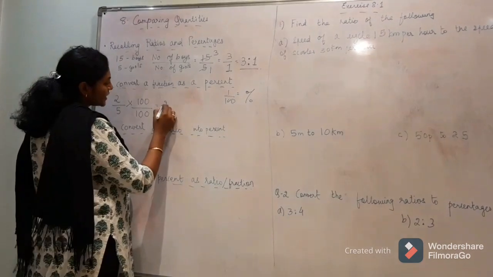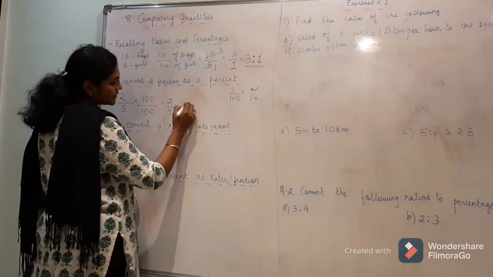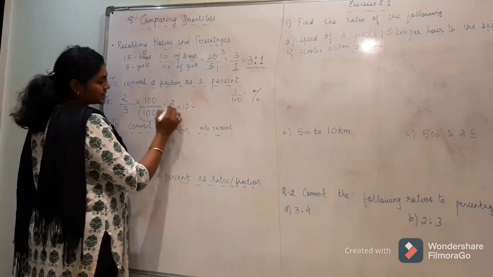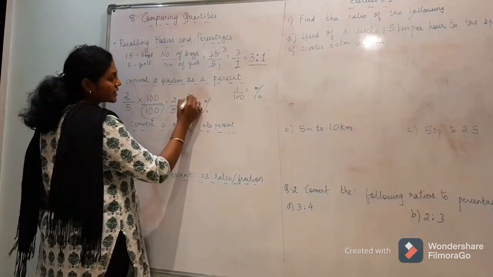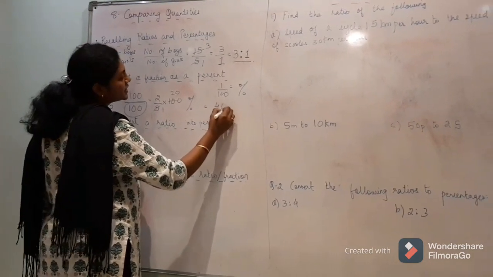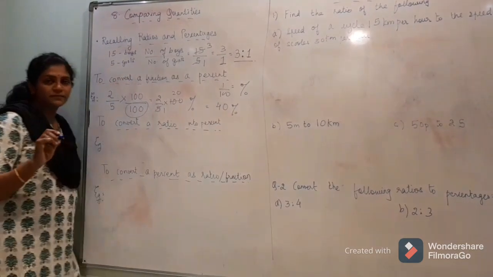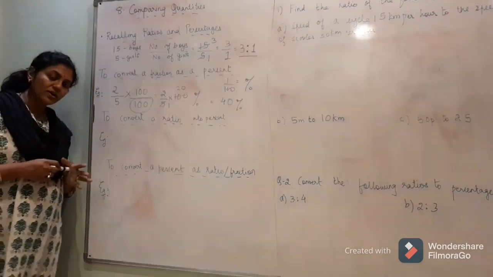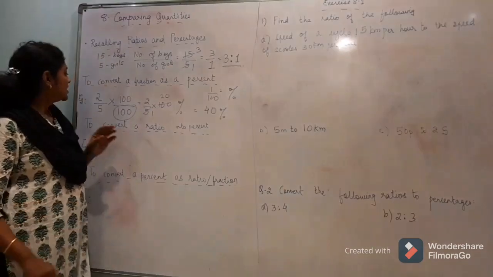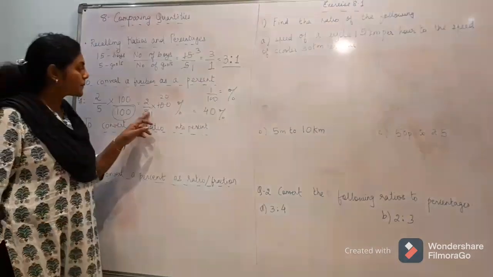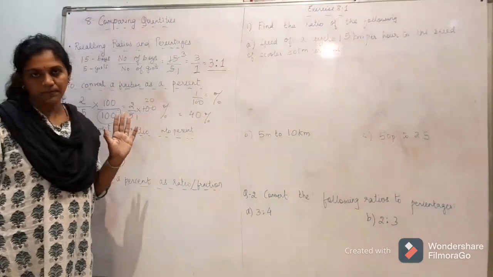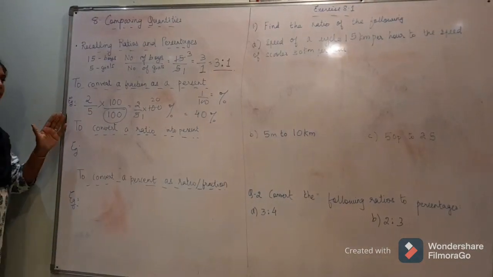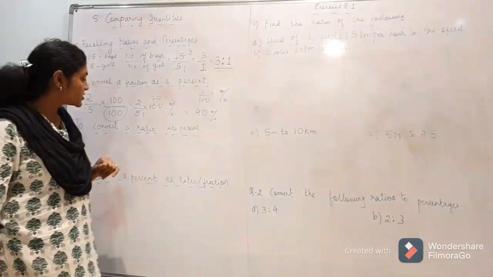So this 2 by 5 into 100, now 1 by 100 is getting converted into percentage. So I will cut it and my answer will be 40%. In short, if you want to convert any fraction into percentage, write down the fraction, multiply with 100 and give the percentage sign. So in this way you can convert fraction to percentage.